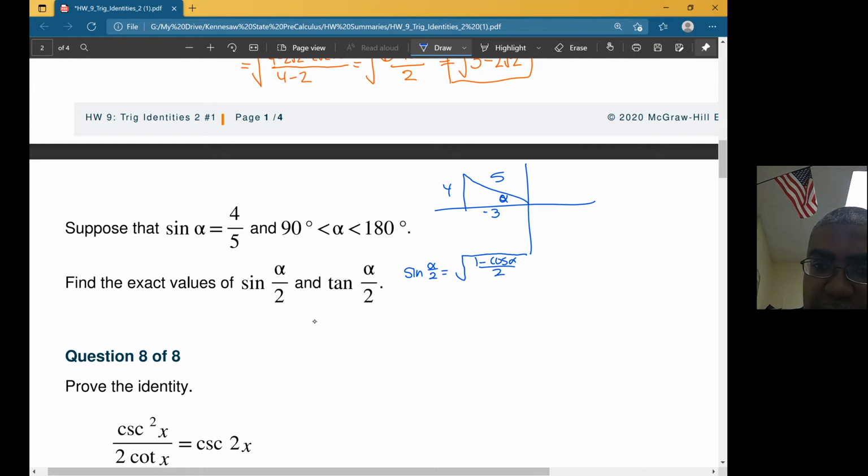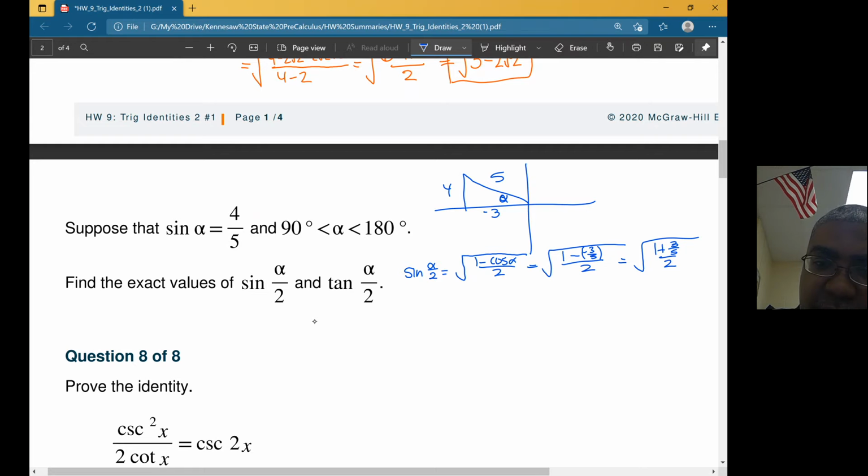So in our case, this is square root of 1 minus cosine of alpha, which is -3 over 5, over 2. The algebra in this won't be too bad this time. Okay, so this is square root of 1 plus 3 over 5 over 2.